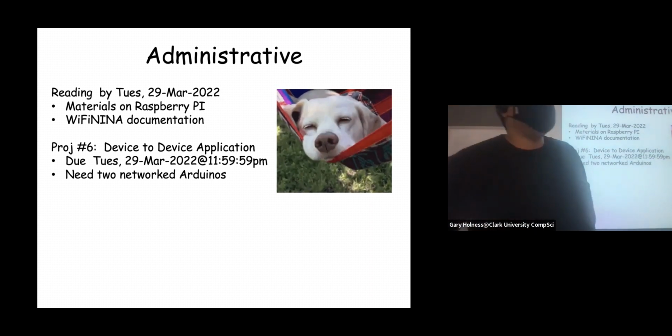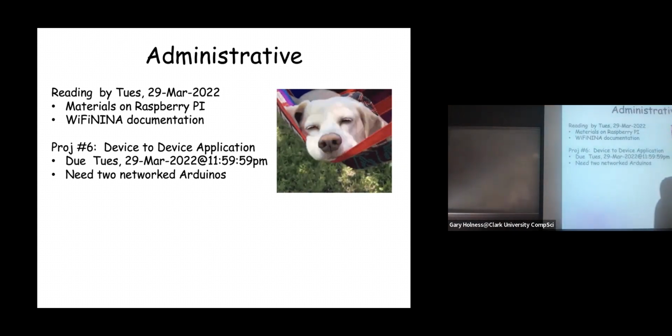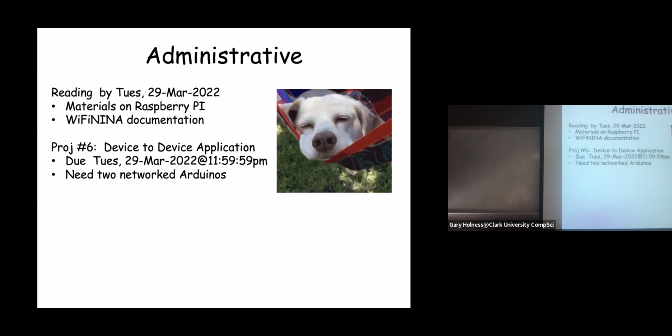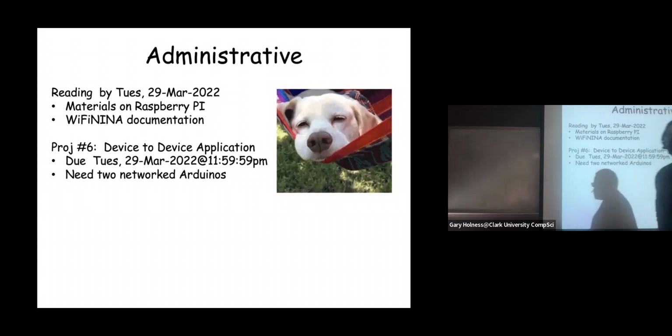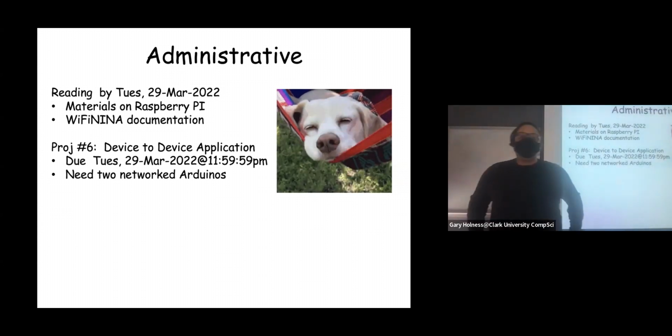And also, please make sure you are browsing through the WiFiNINA documentation, specifically the APIs that will be relevant for the new upcoming project, which will extend what we have due this evening to device communication.